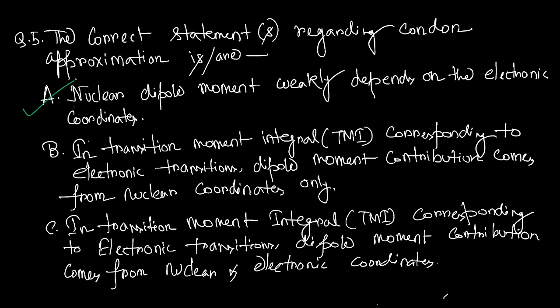The second option says that in the transition moment integral, the electronic transition dipole moment contribution comes from nuclear coordinates only. That is not correct, because there are two parts, mu n and mu el, so both are contributing.